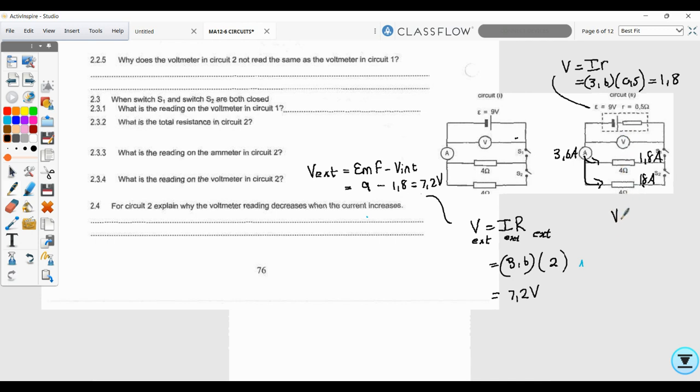So the voltmeter reading there is equal to I times R of the 4 ohm resistor. As long as they're all the same, happy days. So that is going to be equal to the current, which we said is 1,8, times the resistance, which is 4. Do you still get 7,2? Yes. How lovely. See how many ways there are in electricity.